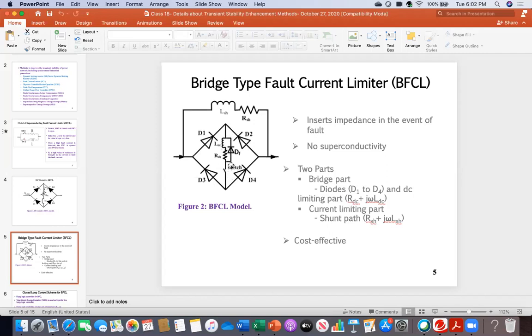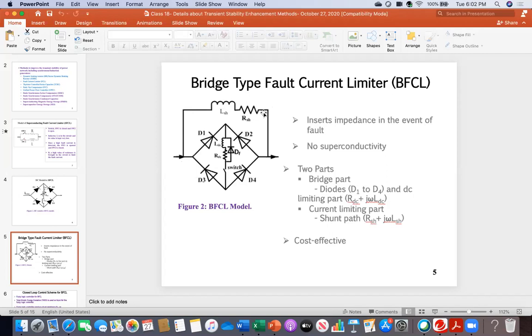In this structure, there will be a sophisticated controller, because initially this switch is closed. Depending on the magnitude of current in this path, this switch will be open. Because the switch gets opened, no more current is flowing through this way, it got disconnected, and current will start flowing through that path. That is the reason the inductance and resistance are put higher here, so that they can limit the current.